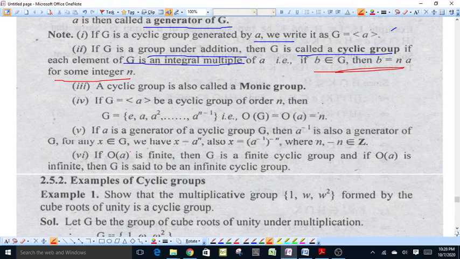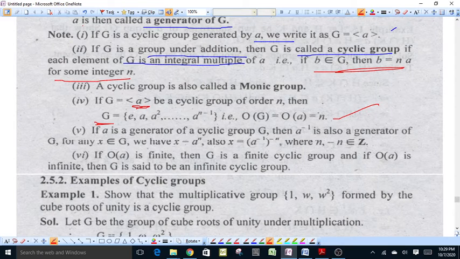If G is generated by element A, a cyclic group of order n, then G will be equal to E, the identity element, A raised to power 1, A square, A cube, and so on up to A raised to power n minus 1. That is, order of G will be equal to order of A is equal to n.